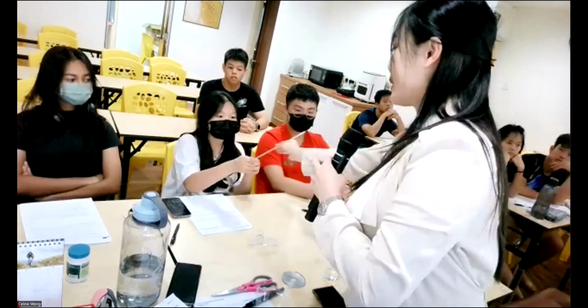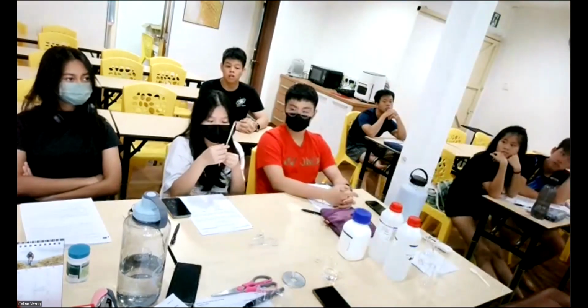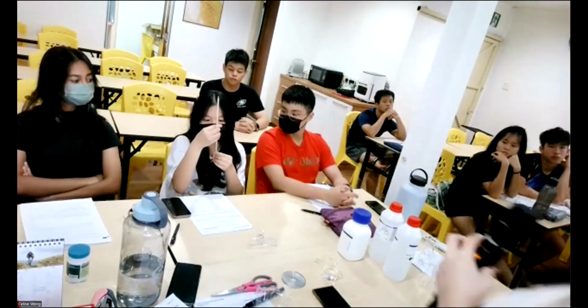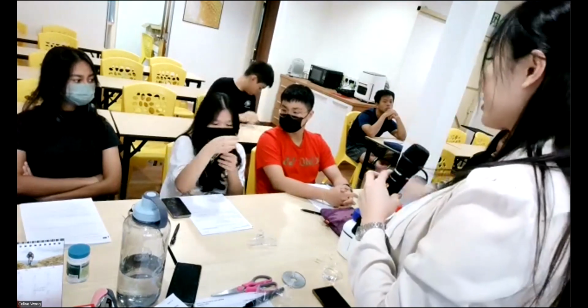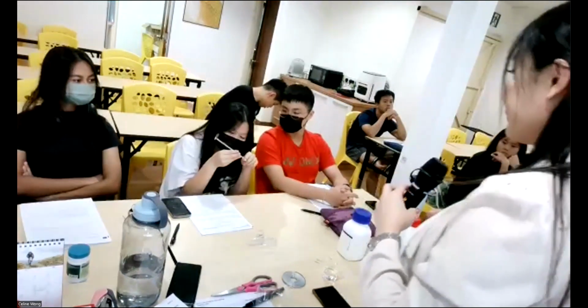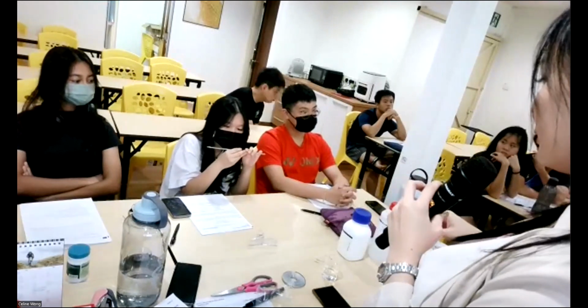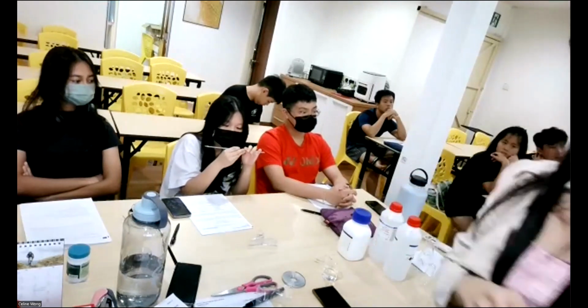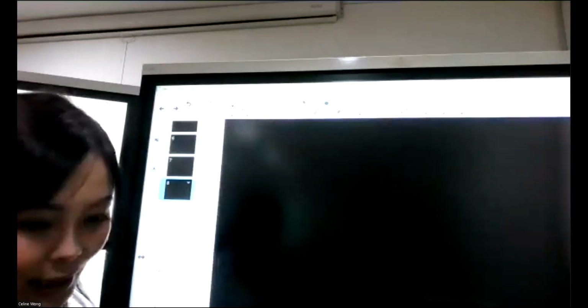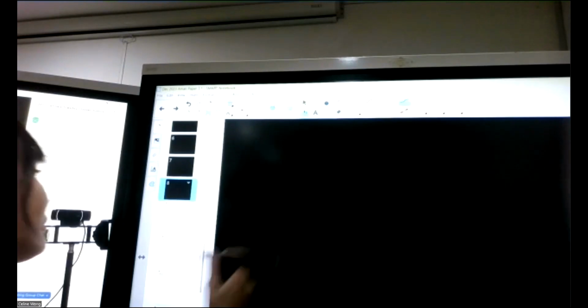Read for me the smallest scale that you have for this thermometer. Tell me the smallest scale. How much? 1. Okay, cool. So this is the smallest scale, which is 1 degree Celsius.